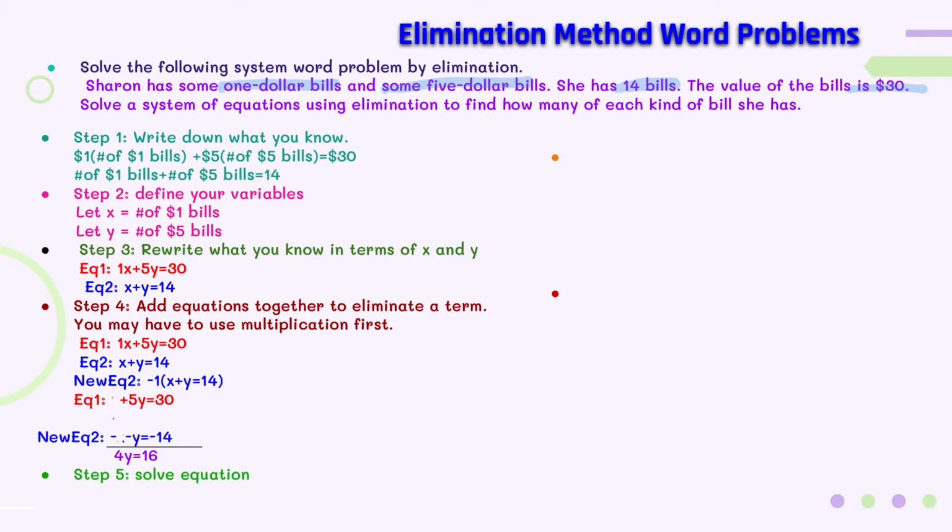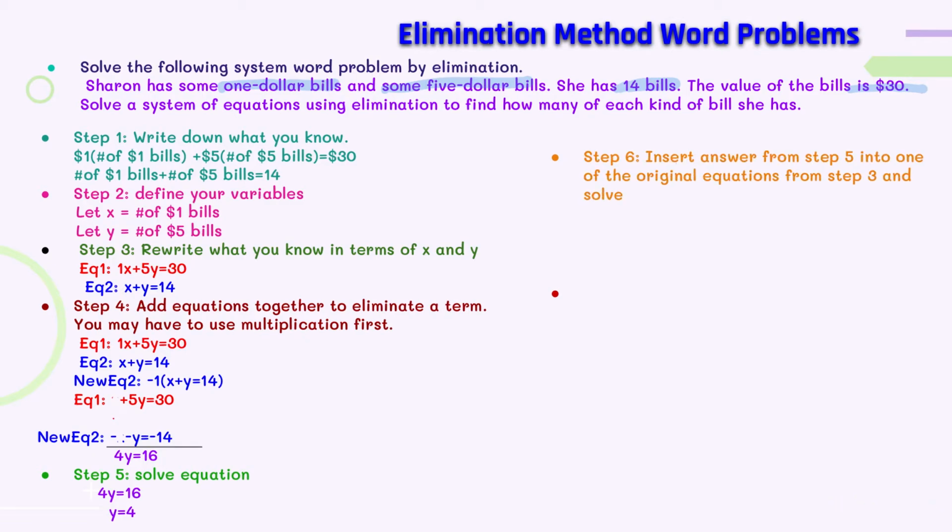Step 5 is to solve the equation. So 4y is equal to 16, y is equal to 4. Step 6 is to insert the answer from step 5 into one of the original equations from step 3 and solve. So we have 1x plus 5y equals 30, 1x plus 5 times 4 equals 30, x plus 20 equals 30, x equals 10.